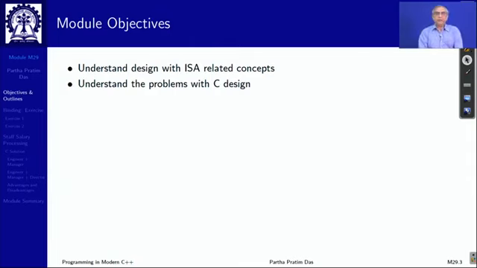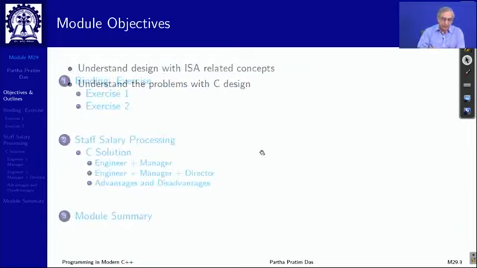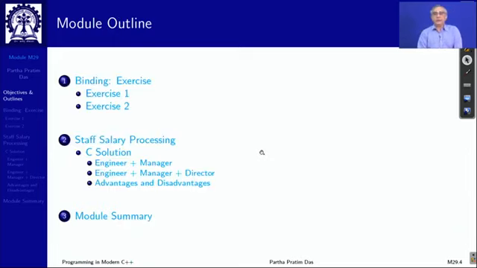The main objective of this module would be to understand design where there is a prevalence of is-a related concepts, that is generalization, specialization, and we will start with a C design and identify why C is not an appropriate platform for dealing with such design requirements. But before we start doing this, we will first take a quick look at some exercise for practice.